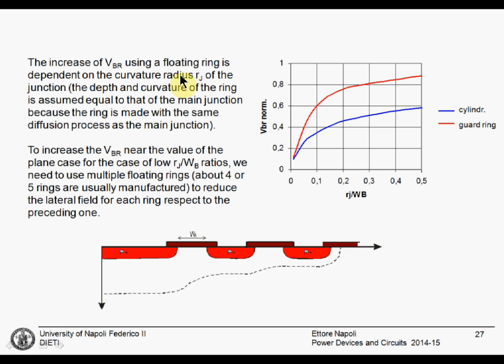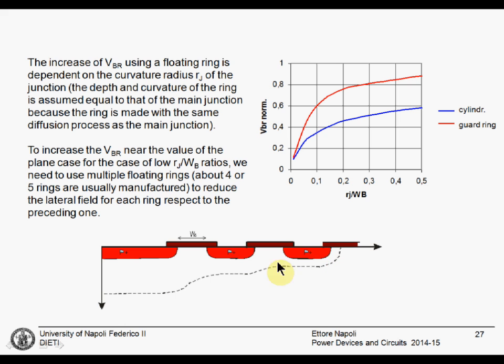This is also dependent on the ratio of the Rj of the junction, because this ring is usually made with the same diffusion process of the main junction in order to save money, to reduce the manufacturing cost. In order to get the ideal or almost ideal case, you use more than one ring.